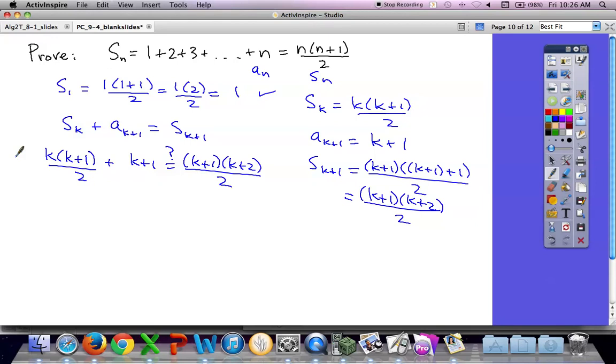Now at this step, you can try to just work on the left side and make the left side look like the right side, or you could try to make the right side look like the left side, or you could just work on both sides until they meet in the middle, and they definitely are equal. Each problem can work out a little bit differently. What do you think would be a good first step to solving this one?